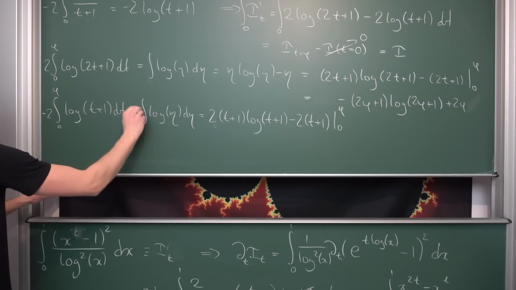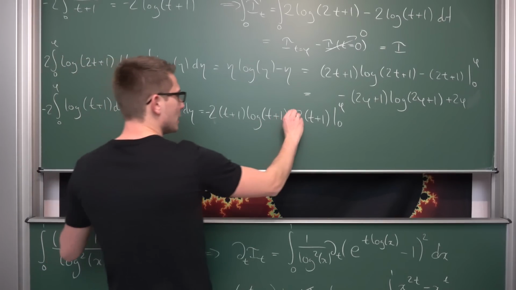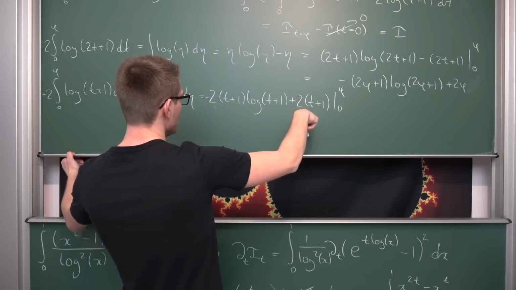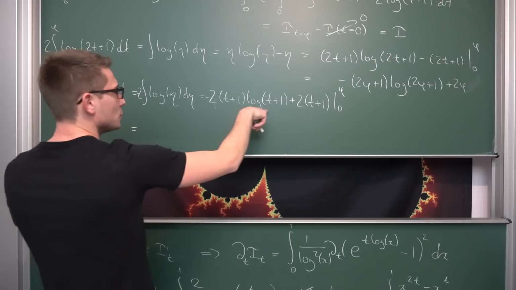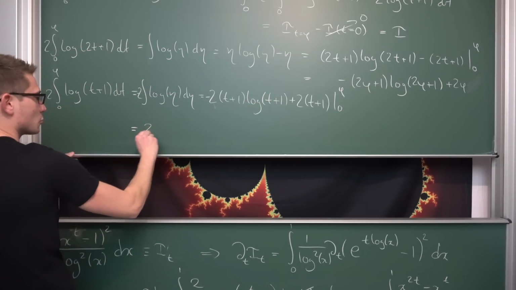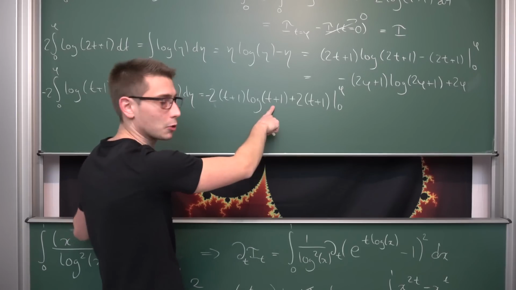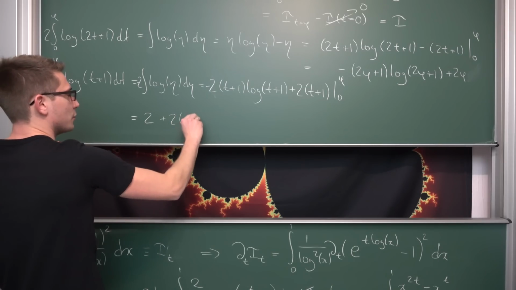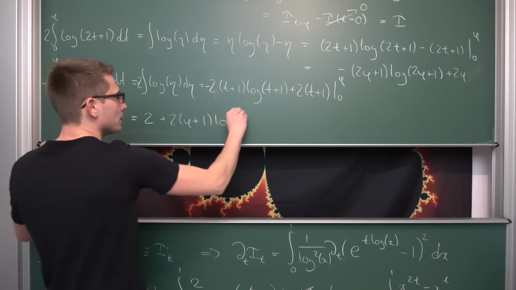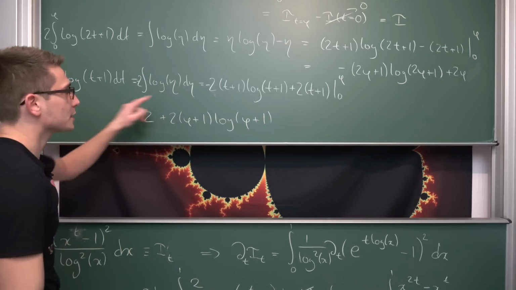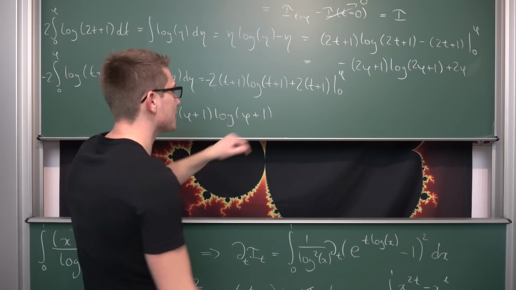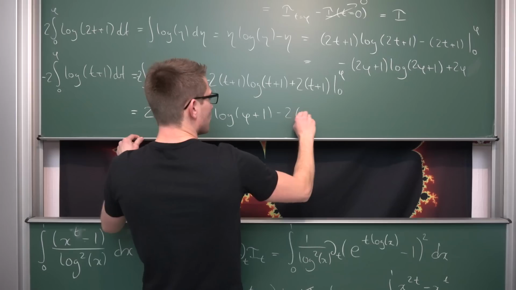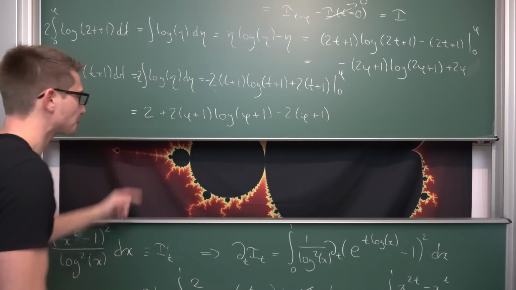Also, I shall not forget the negative sign that we are going to get in the process, meaning if we were to put a negative onto everything here, we are going to have a negative here and a positive sign here, leaving us overall with 0 into here. This right here is going to be 2. That's going to turn into negative 2, but all of this, this right here is going to be just 2. That is going to cancel out completely because of the logarithm. And then we're going to have positive 2 times phi plus 1 times the logarithm of phi plus 1 and negative right here, leaving us overall with, plugging phi into here, negative 2 times phi plus 1.